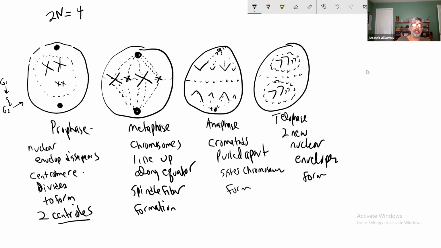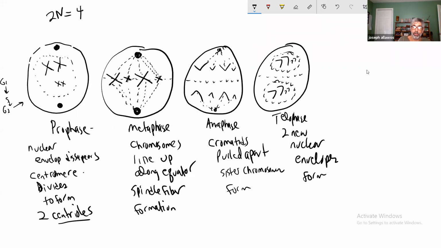And now look what we've done. We took one diploid replicated nucleus. We pulled the chromatids apart, the identical pieces of each replicated chromosome apart, put them in separate nuclei, right? And now look at this nucleus. Is it haploid or diploid? Well, it's unreplicated, but it's diploid, right?